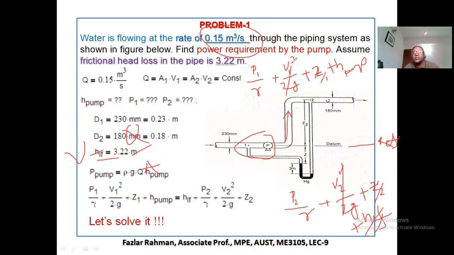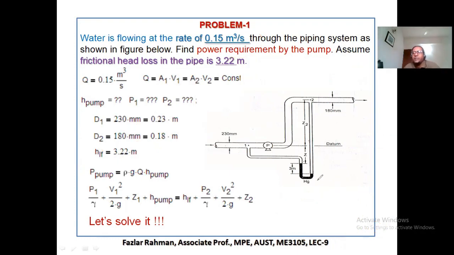So H pump is a function of P1 by gamma and P2 by gamma. That means if you take H pump in the left side, there will be P2 minus P1 divided by gamma. So that means you need to figure out a pressure difference between 2 points. How will you figure out the pressure difference? By the manometry. So let's see how you can use the Bernoulli's equation with frictional head loss.